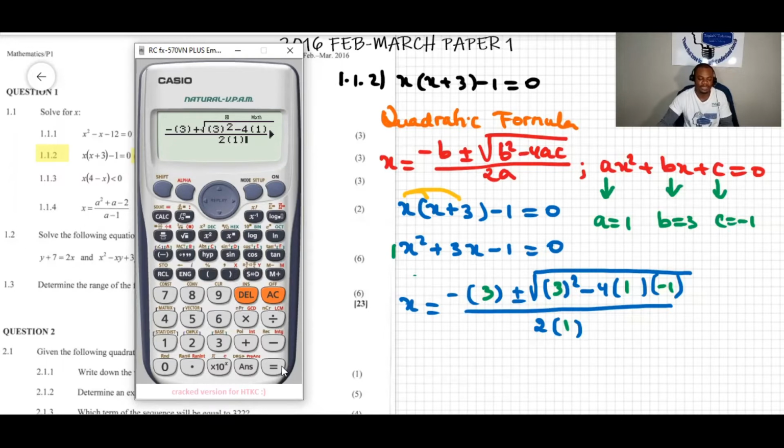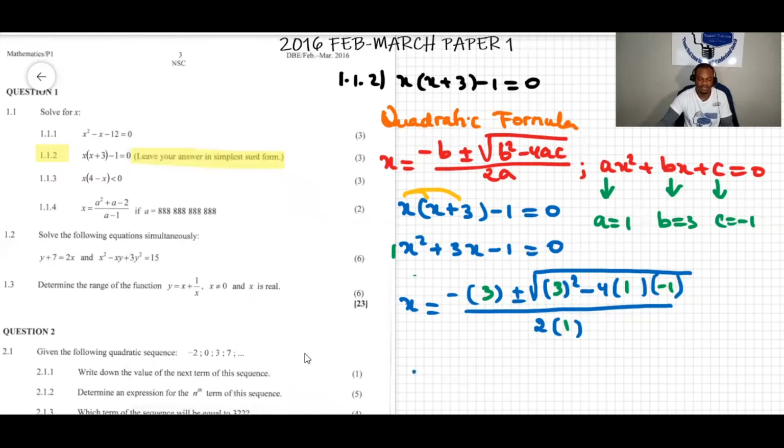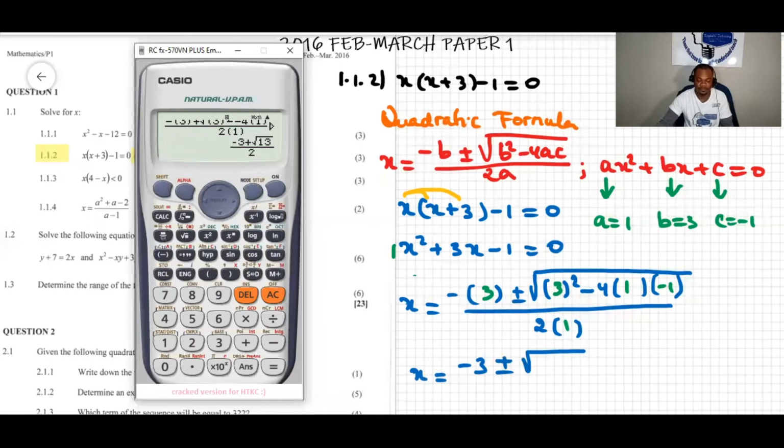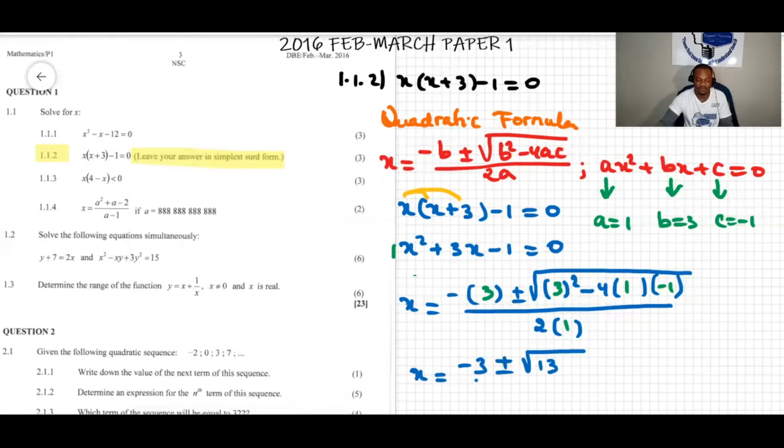Okay, we have it. Then if we press equal, the value inside the root will be 13, over 2.